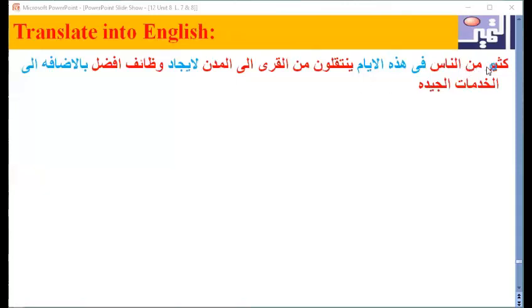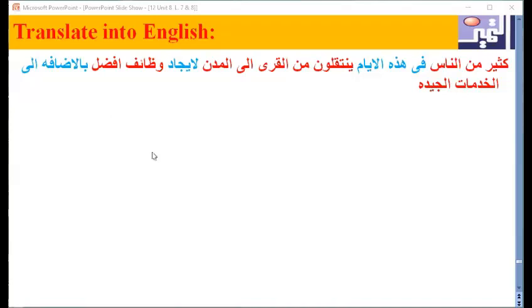Have a look. Here is the Arabic sentence: many people nowadays move from villages to cities to find better jobs in addition to good services. So it's very easy, but you should deal with it in a perfect way.